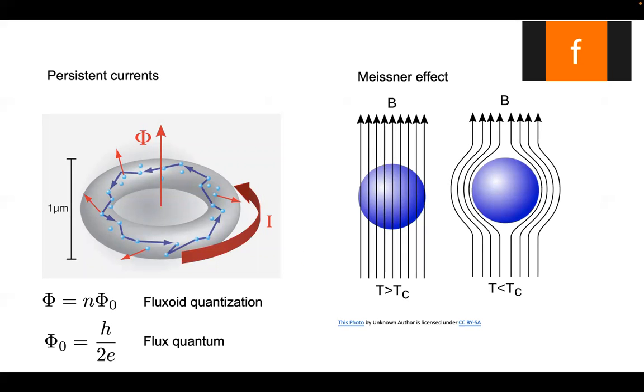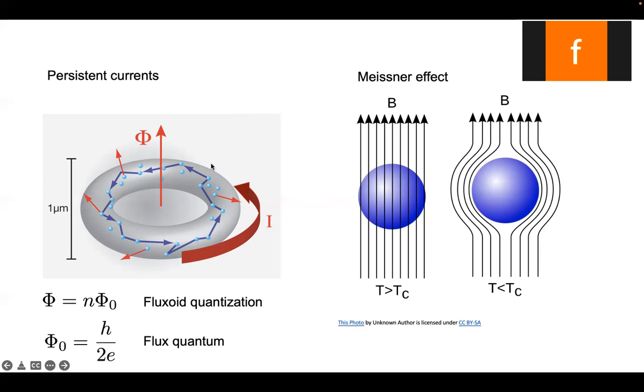What are the most important behaviors that you see? These are the famous behaviors in superconductors. We have two main effects when you cool down a sample. The very first thing that you can observe is the establishment of persistent currents in a superconductor.